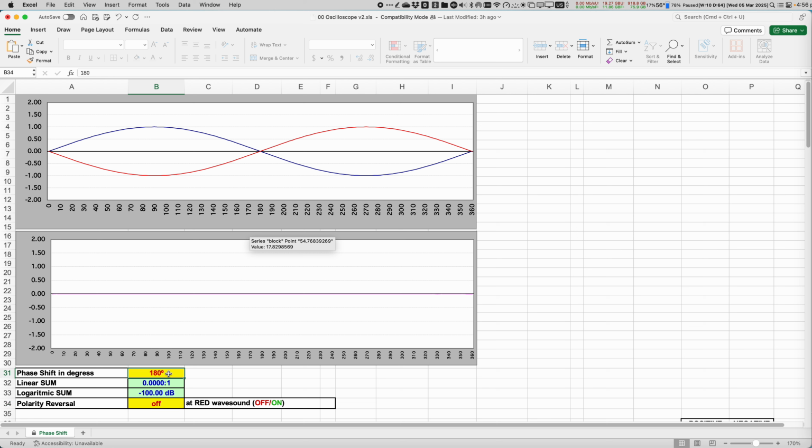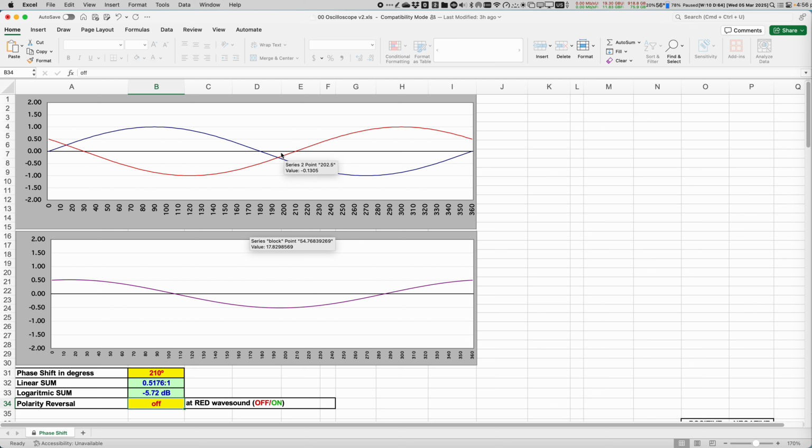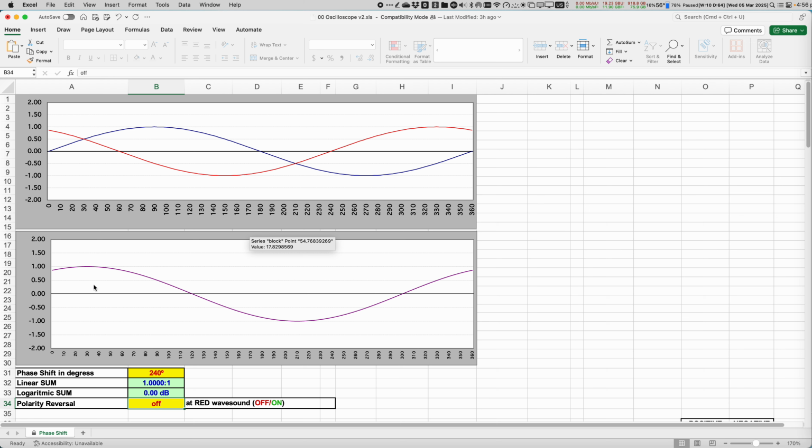What is important here is that after 180 degree we can have more, so in this case 210 degree more phase offset we are having. Now the two signals summation goes back to 0.5, that represent -6 decibel. Oh, my mistake, it is 209. With 209 we have 6 decibels. Then with 240 we go back to 0 decibels.